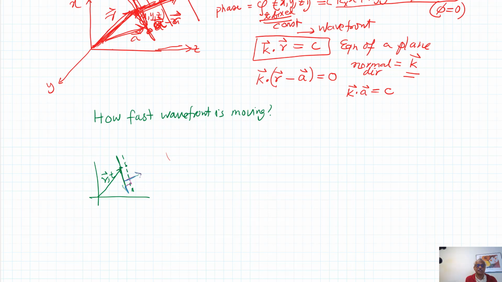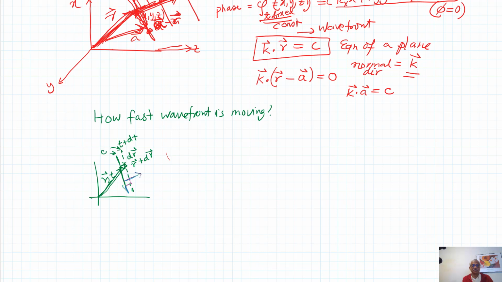So let's call that dr. And so if I look at that point, it is r plus dr, and this wavefront here is at t plus dt time. So if I look at phase here, it is same as phase here.